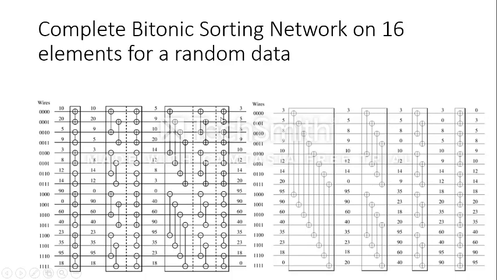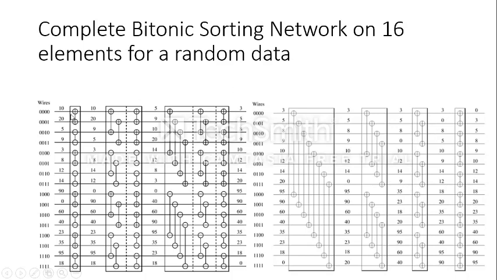Here, the number of elements we are working with is 8, so it has 3 different Bitonic splits, and in this way it has 3 columns. Here, in this case, we are working on the 16 elements. So it is the first column, the second column, the third column, and the fourth column of the sorting network.